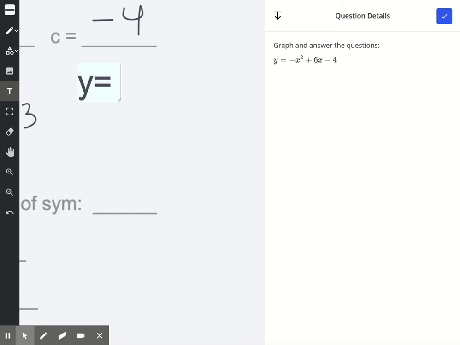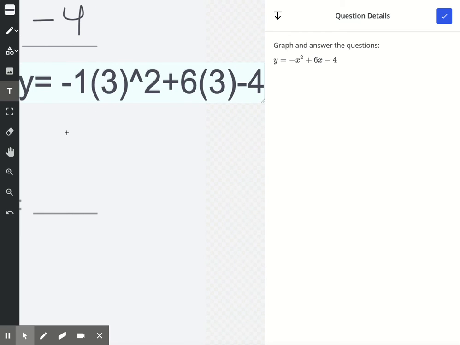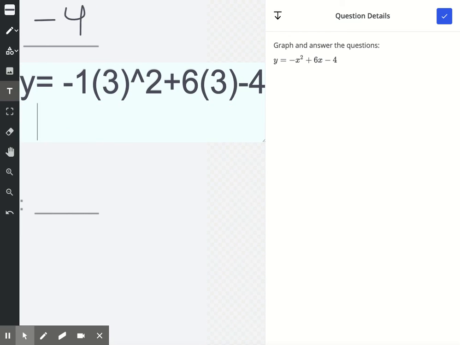It's a negative, so I'm going to say it's a -1. I'm going to plug in a +3, square it, plus 6, +3, -4. All right, let's simplify some of this. 3 squared is 9, times -1 is -9, plus 6 times 3 is 18. And that's all the multiplication when you were doing order of operations, and then -4. Oh, look at that. That pattern popped up again, so I could confidently move forward. Good job.